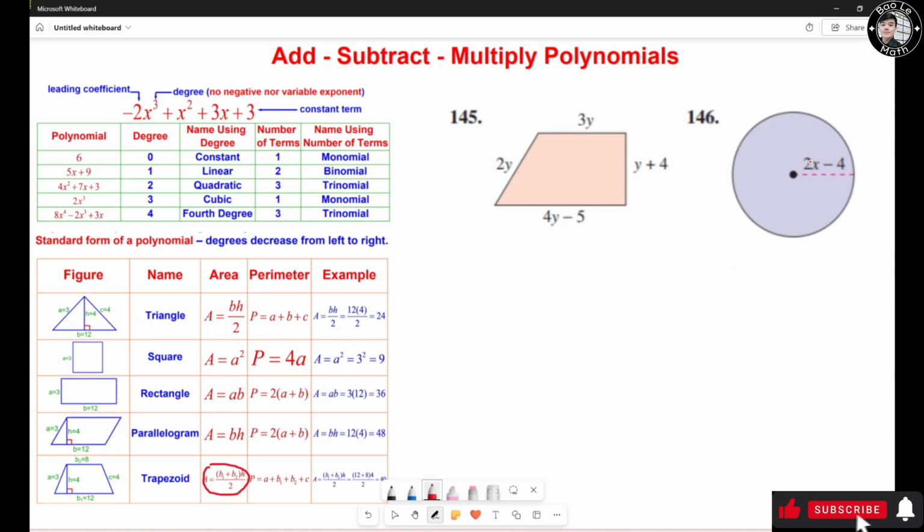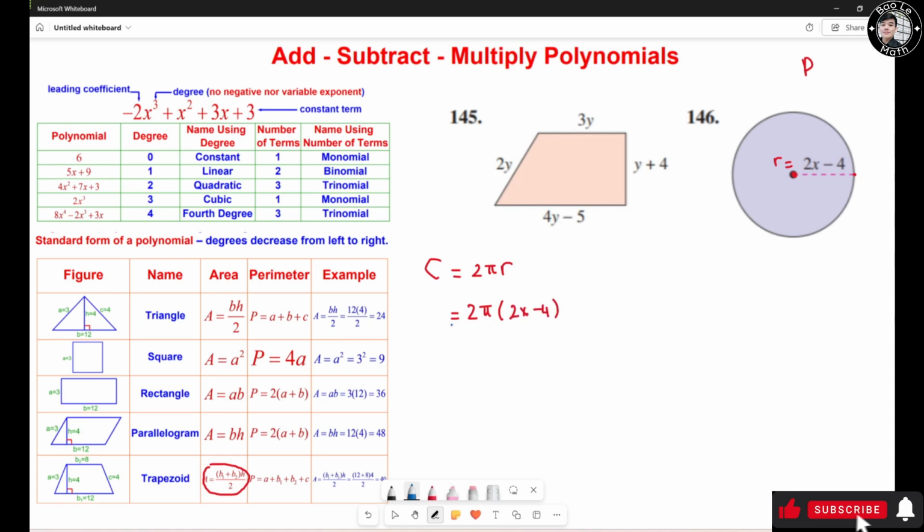Now let's move on to the last example right here. We need to calculate the perimeter of this circle, right? Perimeter of the circle is the same thing as circumference of the circle, right? So circumference of the circle is given by 2 times pi times r, right? Where r is the radius, so the radius right here equals 2s minus 4. You just substitute over here, it's going to be 2 pi times 2s minus 4, right?